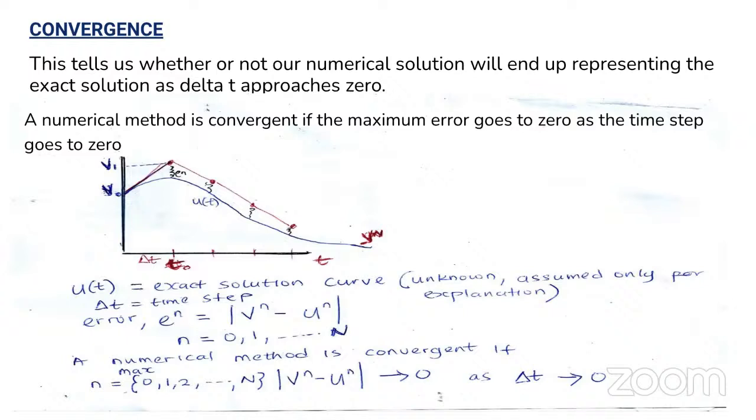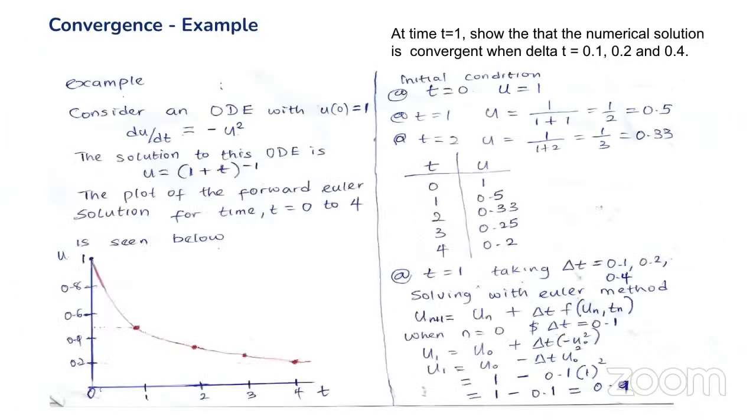Okay, quickly, let's go to the next slide. So we have an example here. Consider another differential equation with the initial condition u naught equals 1, du over dt equals minus u squared.